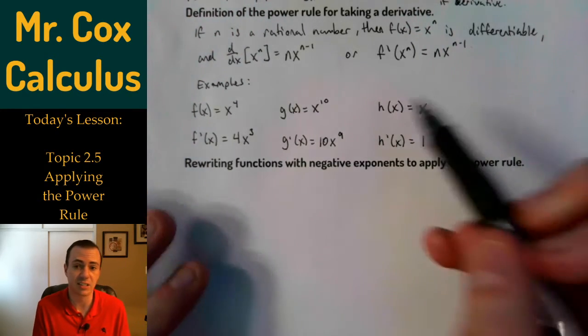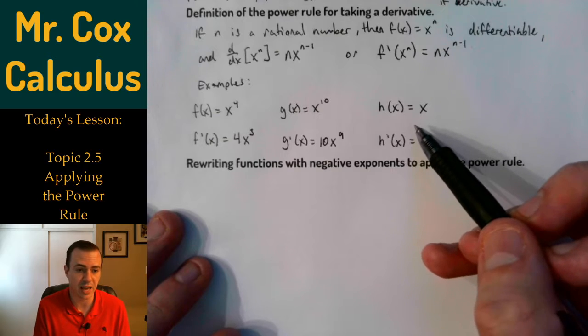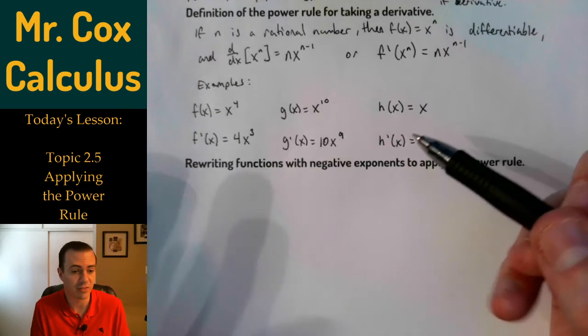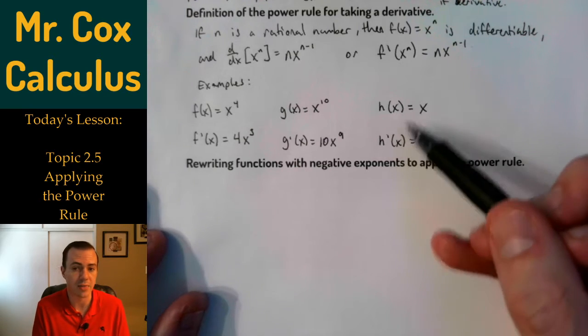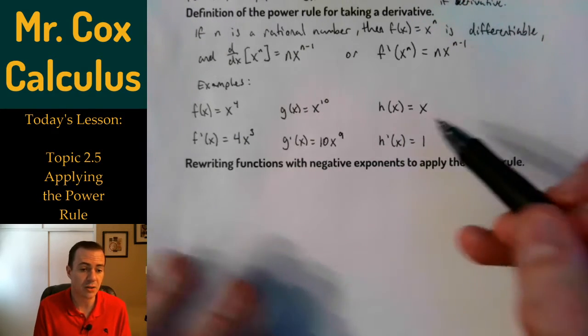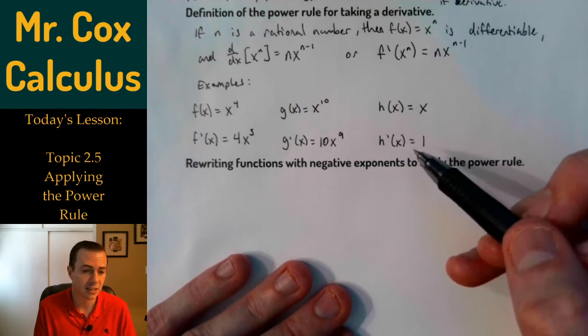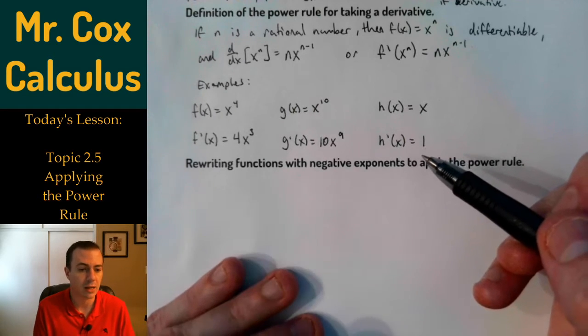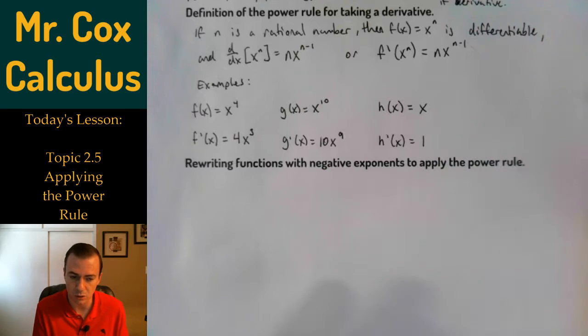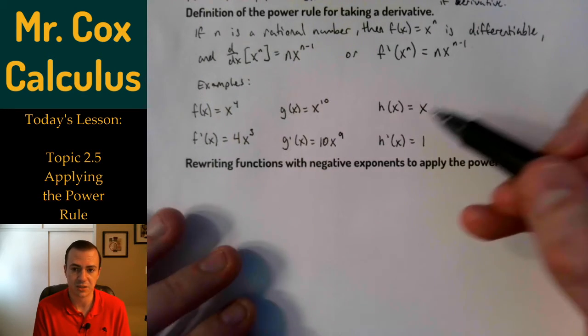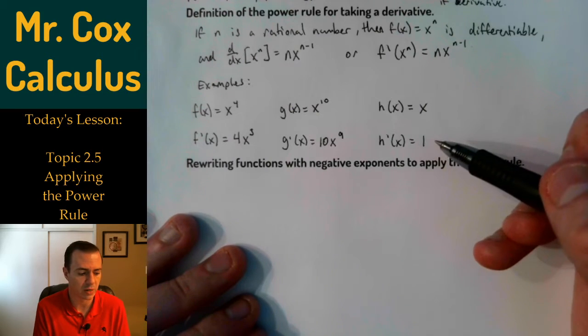And that also makes sense if we understand that h of x equals x. That's a linear parent function. Its rate of change, or its slope, is equal to 1. And that's what this is saying here. But understand that the derivative of x is always just going to be 1. That's something that comes up a lot and can sometimes be easy to lose as part of your work when you're taking more complex derivatives. So don't lose sight of the fact that this is going to be true.